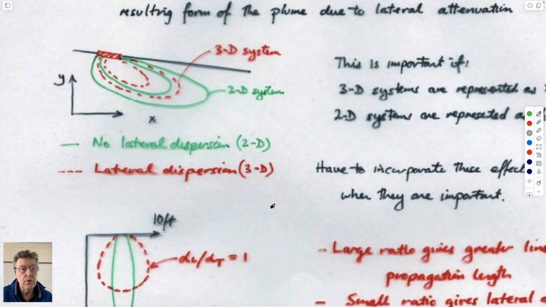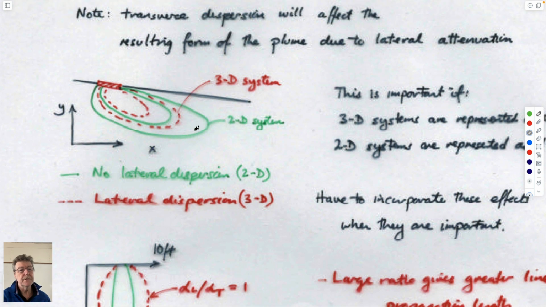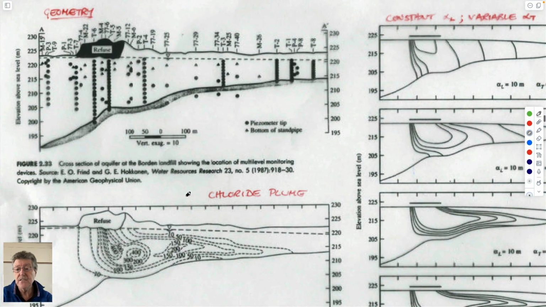All this is making the point that in a 3-dimensional system, where it's able to spread laterally because it develops a concentration gradient in the y direction, you'd expect the downstream progression of that plume to be less fast because it's able to spread laterally and dissipate itself, and therefore it won't be forced to travel downstream with the transverse dispersion suppressed, if you like. And so you might expect that's the case.